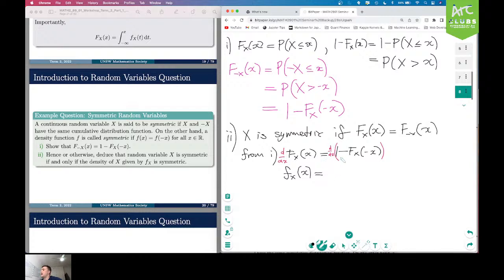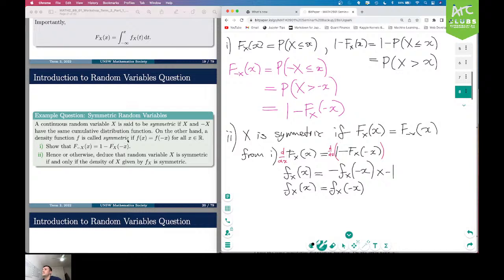The derivative of 1 is 0 minus f_X(-x), and then by the chain rule, we also have to times by the derivative of the inside. So we're going to have to times by -1. And so what we get here is that f_X(x) is equal to, negatives cancel, f_X(-x). Cool. And so what we see is that X is symmetric.